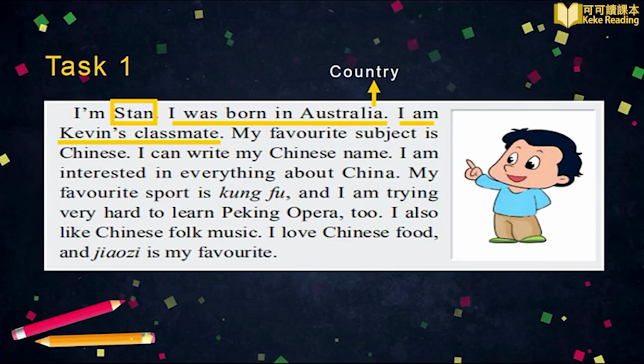It tells us two information, that Stan is the same age as Kevin, and they are in the same grade. Stan 和 Kevin 是同学，所以他们的年龄和年级应该是一样的。As we know, Kevin is 10, and he's in grade 5. So Stan is 10 too, and also in grade 5.